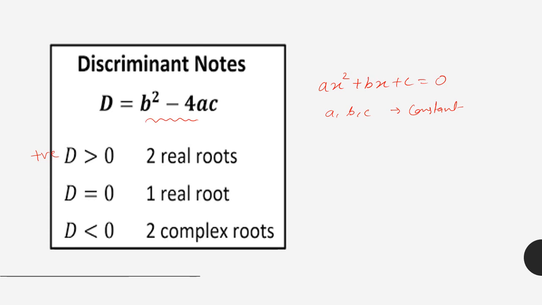When the discriminant is equal to 0, we have a single real root. When it becomes less than 0, we have complex roots, or we also say no real root. So on this basis we judge whether a quadratic equation has two real roots, one real root, or no real root.